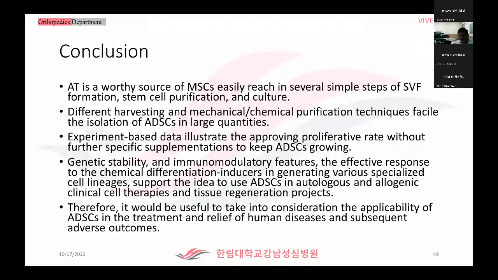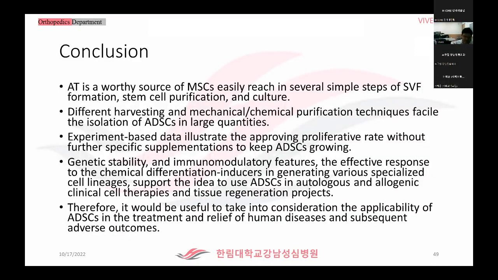It has been found that the immunomodulatory feature, effective response to chemical differentiation inducers, and generating various specialized cell lineages support the idea of using adipose-derived stem cells in autologous as well as allogenic clinical cell therapies and tissue regeneration projects.